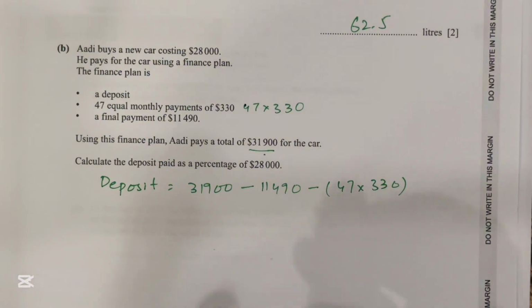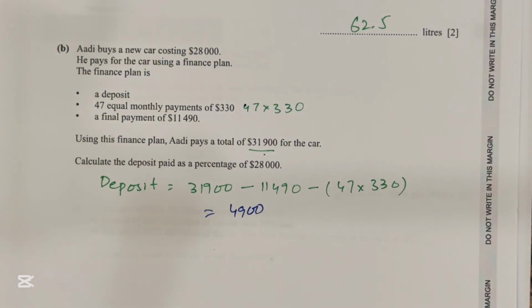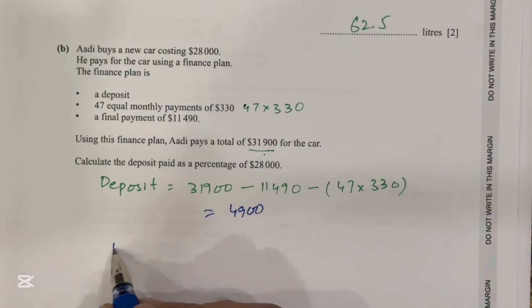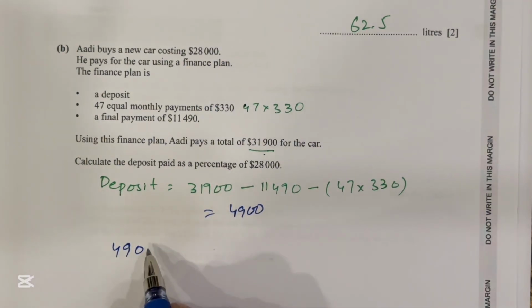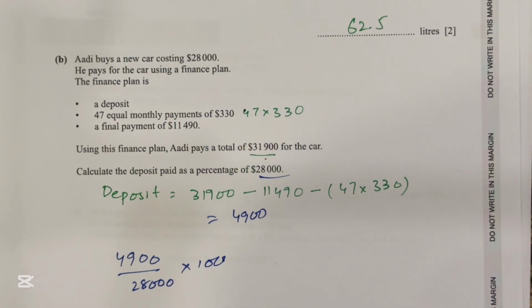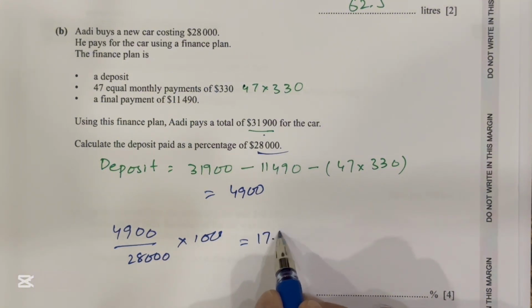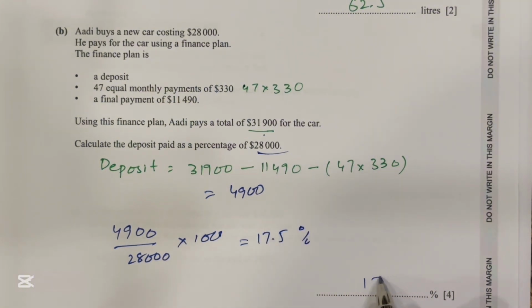After solving it, you get the answer that is equal to 4,900. But this is not the answer. You need to convert it to a percentage by comparing it with the 28,000 value. Because the question required it, you get the answer that is equal to 17.5%. So this would be your final answer for this part.